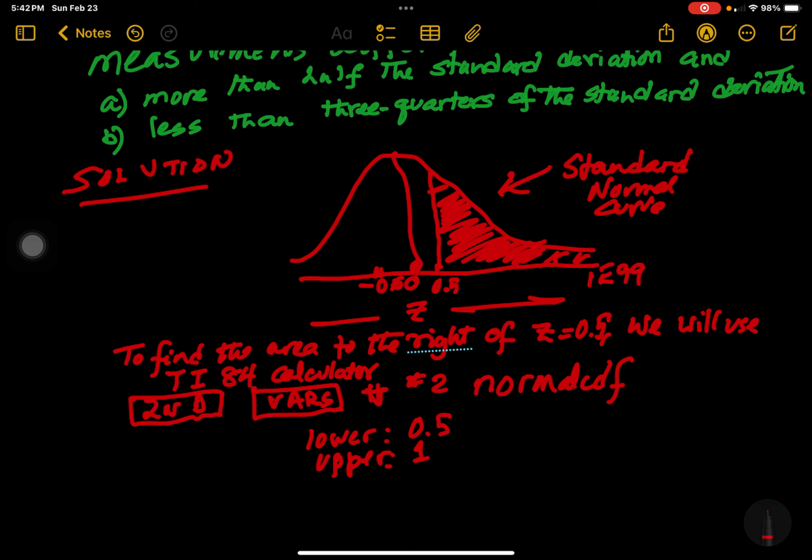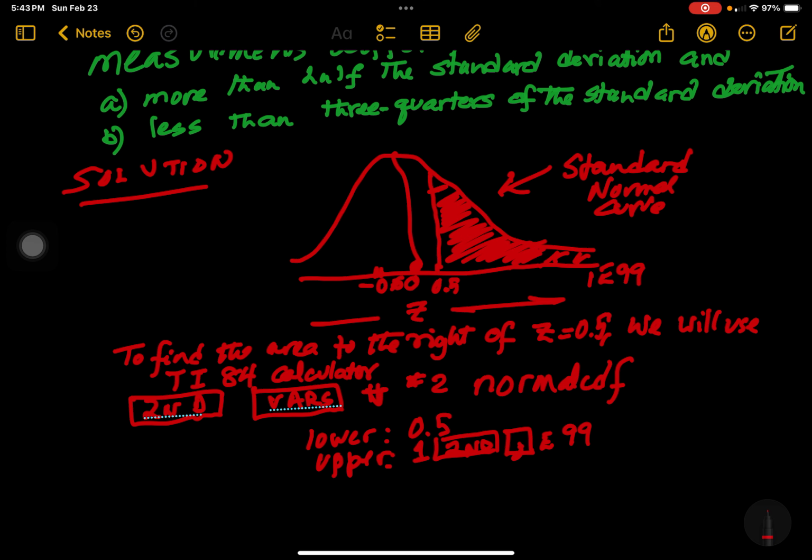First we type 1, then the second button and the comma button, which is on top of the 7 button. That gives us the capital E, and then we type 99. 1E99 is 1 followed by 99 zeros, a very large number on the right-hand side, in this case effectively infinity.